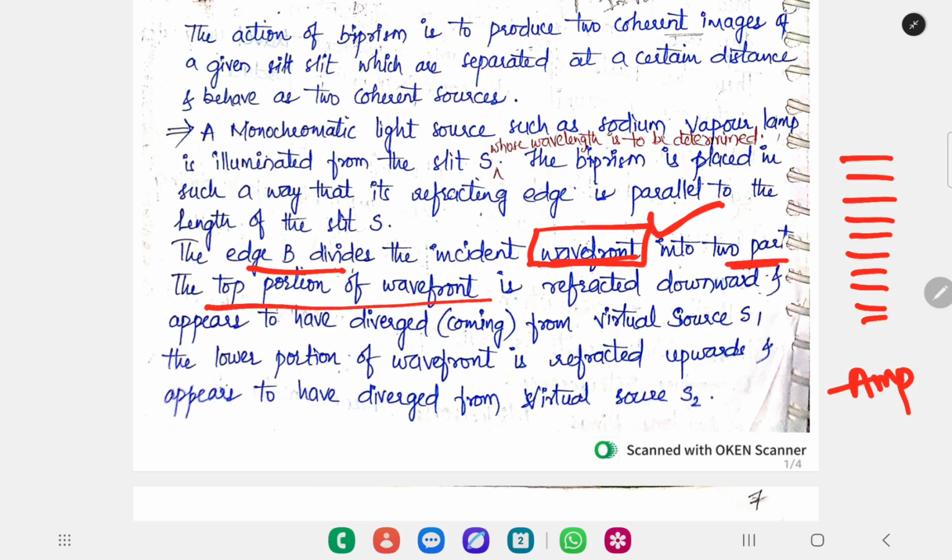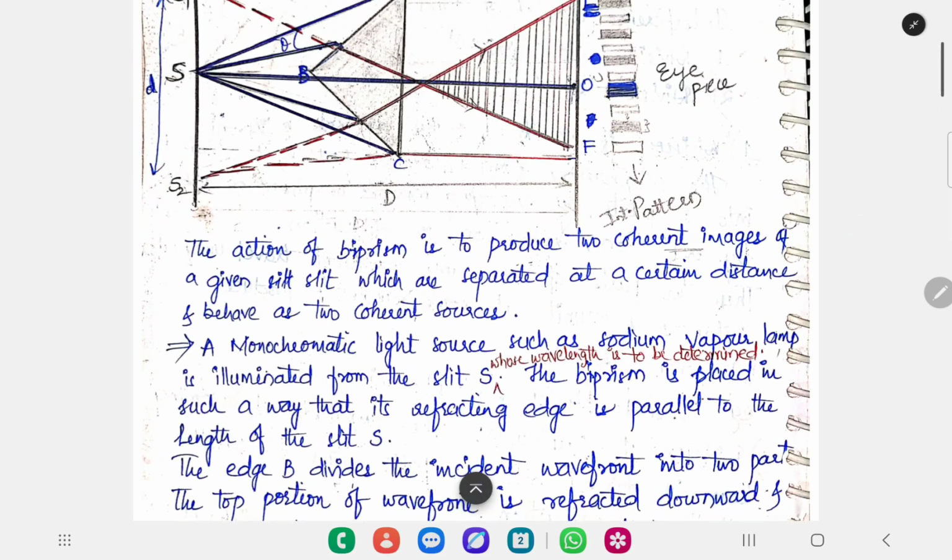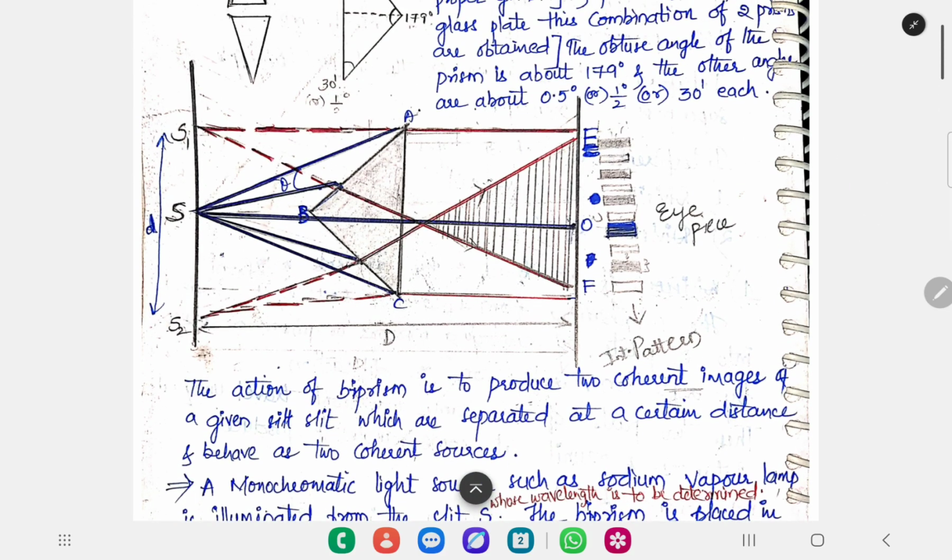The top portion of the wavefront is refracted downwards, and it appears to have diverged from virtual source S1, and the lower portion of the wavefront is refracted upwards and it appears to have diverged from virtual source S2. You see here, this is the edge B, and from here the wavefront is divided.